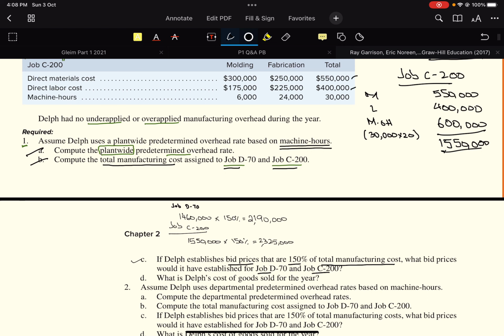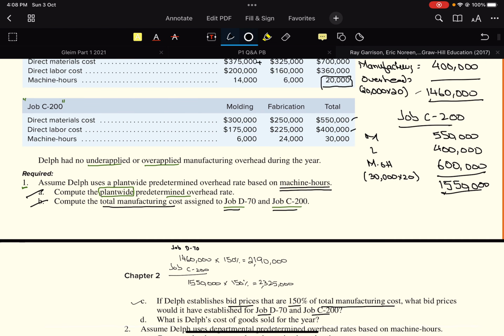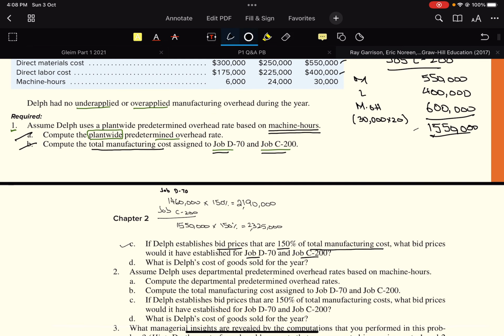So for us, the cost is 1,460,000 plus 1,550,000. So the total cost is 3,010,000.